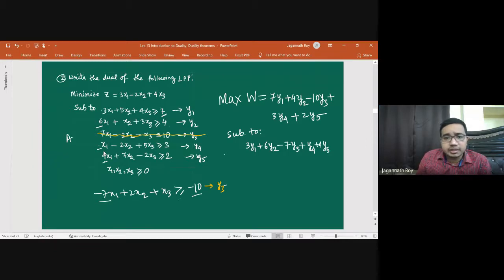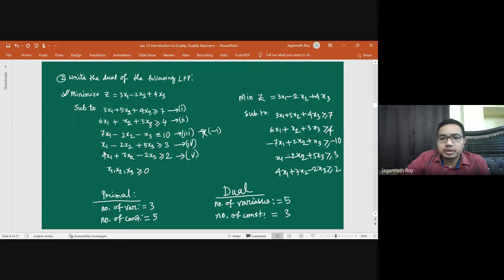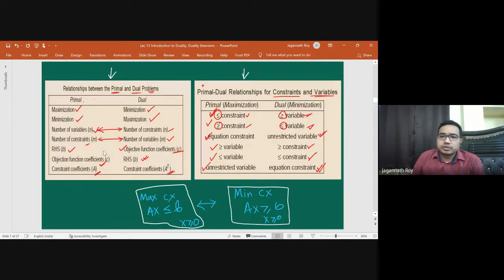So let us write, the right hand side will be 3. And because we want y1, y2 and y3 greater or equal to 0, we have to see whether this will be greater than or less than. So the first constraint is less than type.